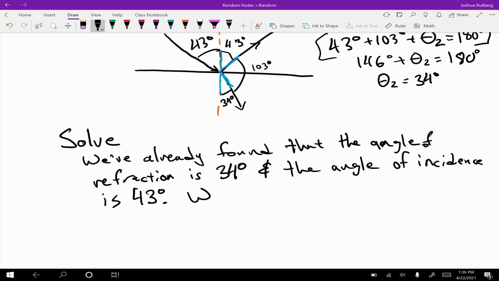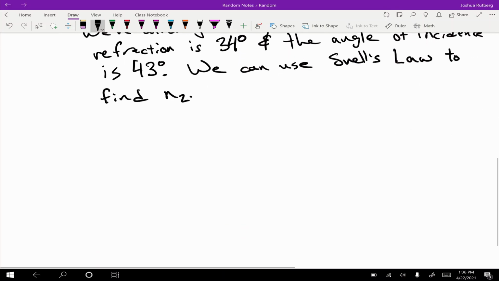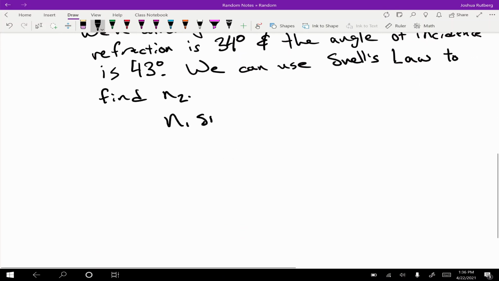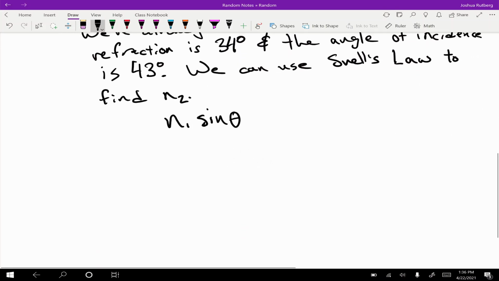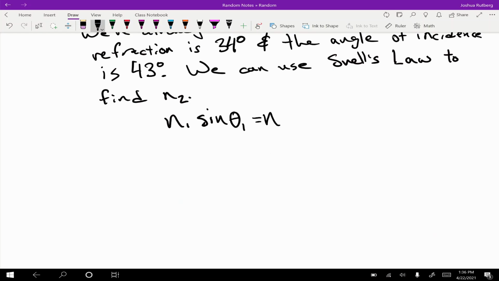So since we have both these angles, we can use Snell's law to find the index of refraction of the unknown material. So n1 sine theta 1 is n2 sine theta 2.